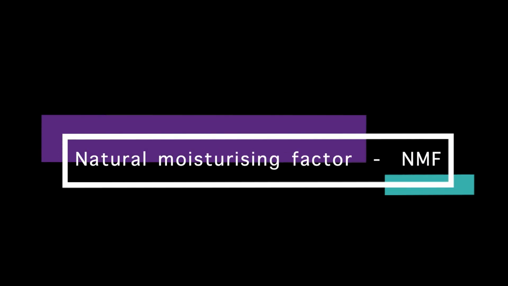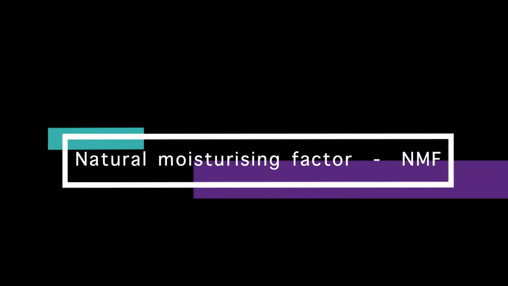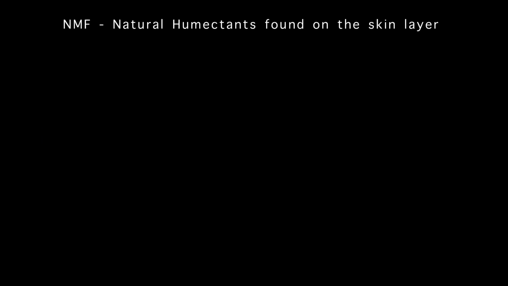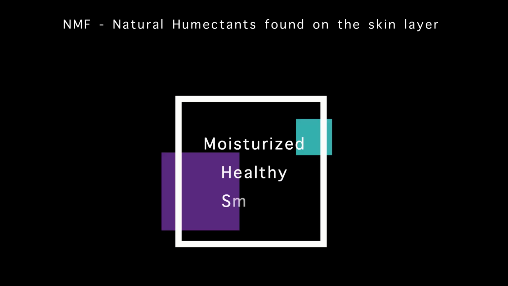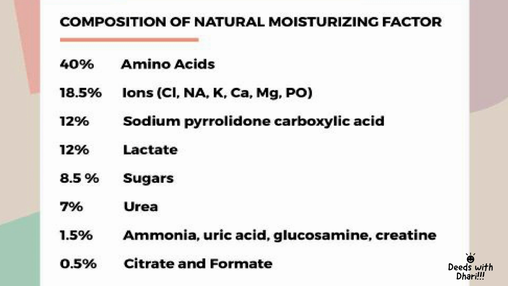Natural moisturizing factor, NMF. It is a naturally occurring humectant on the epidermis that protects the skin and keeps it moisturized, healthy and smooth. NMF primarily contains amino acids. They are also made up of lactate, pyrrolidone carboxylic acid, urea, sugar and peptides.